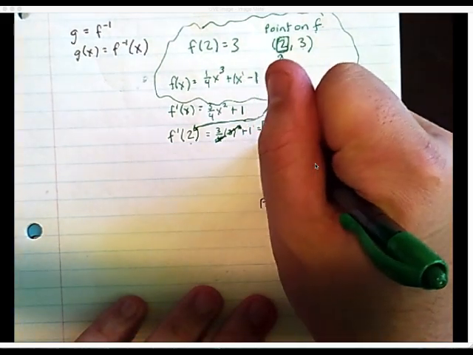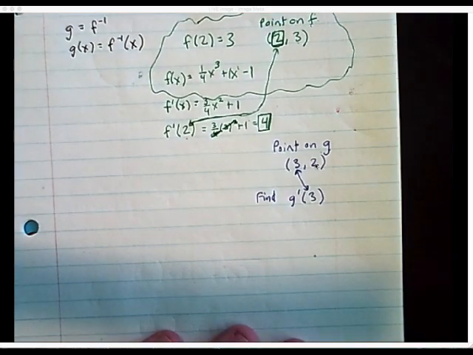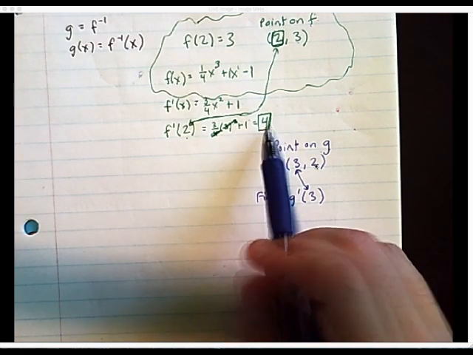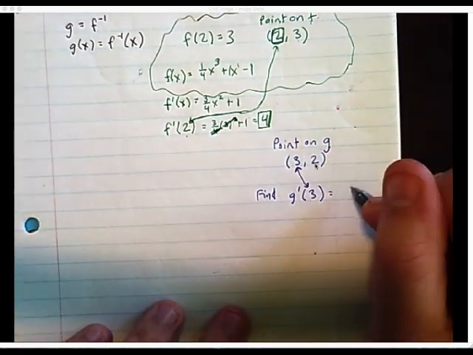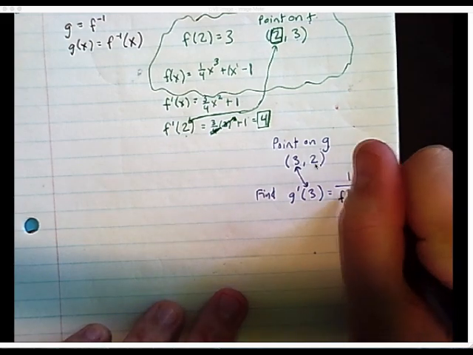So using these rules, basically, okay, if that's 4, then g prime of 3 would be 1 over f prime at 2.